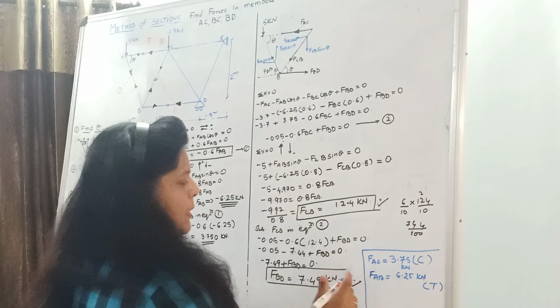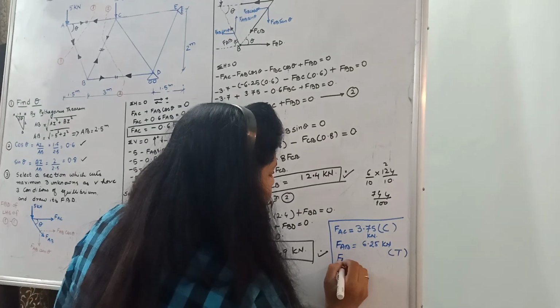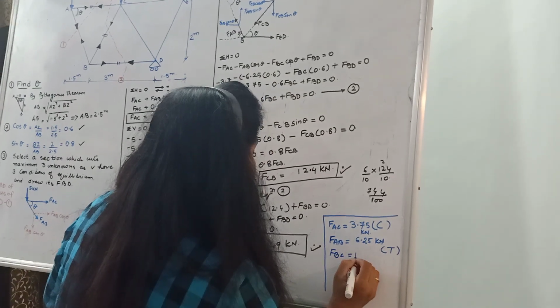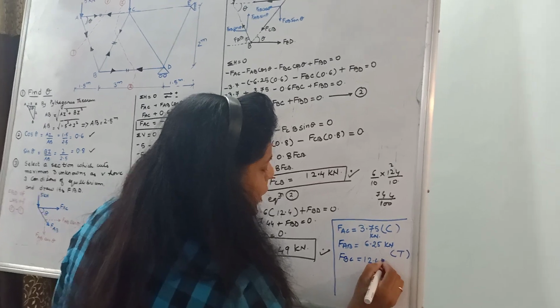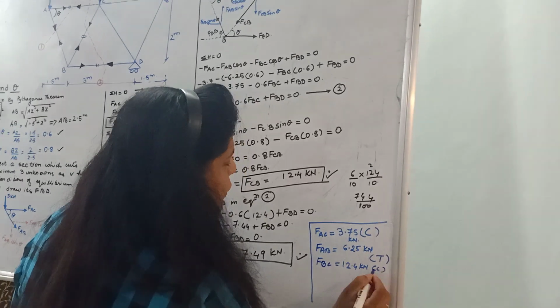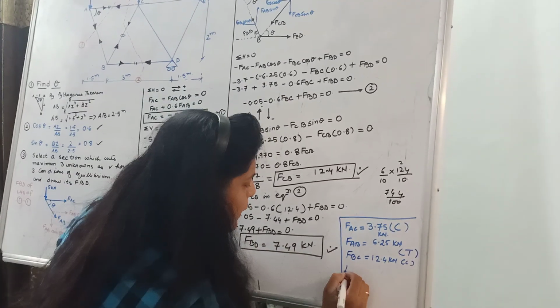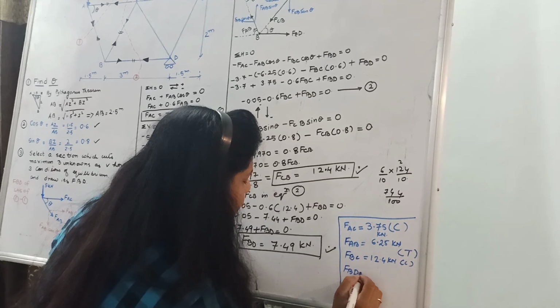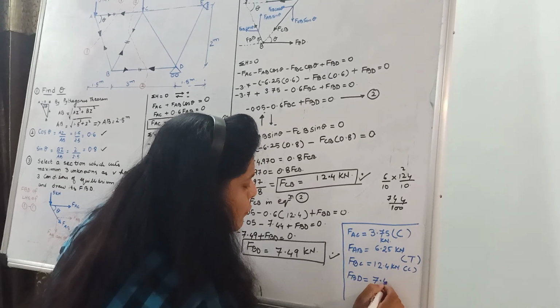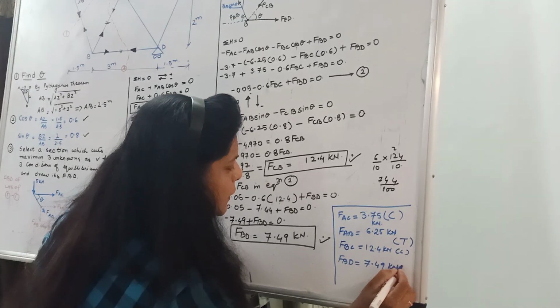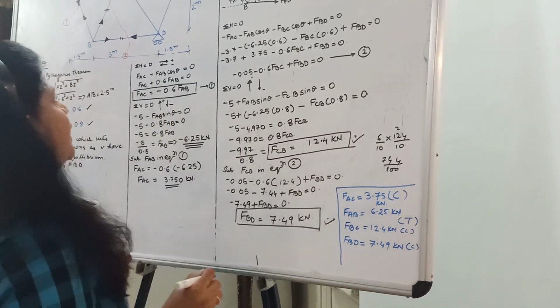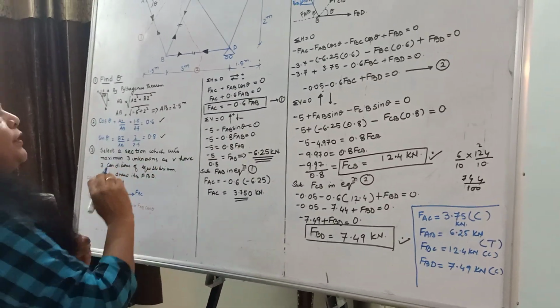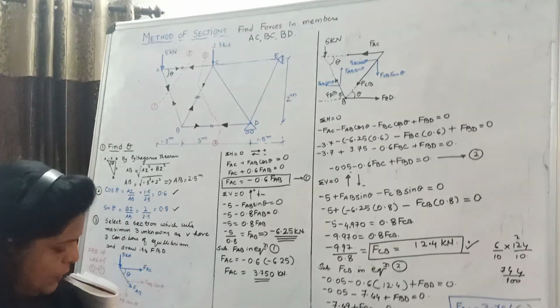Then FBC, we calculate it as positive, that is 12.4 kilonewtons, it is compression. And FBD, we get it as 7.49 kilonewton positive. So again our assumed direction is compression, so it is positive.